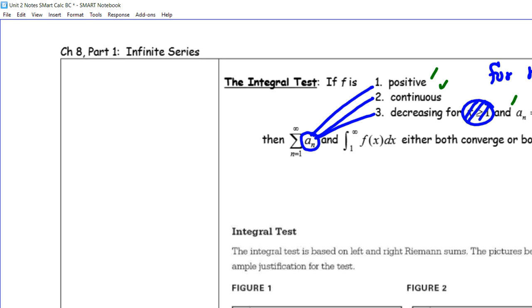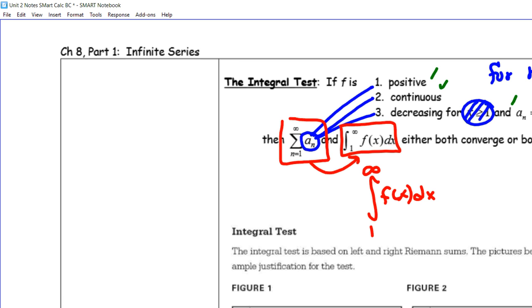If those 3 conditions are met, then I'm going to turn this summation into this integral. So then I have this. And do you remember how we have to rewrite that?